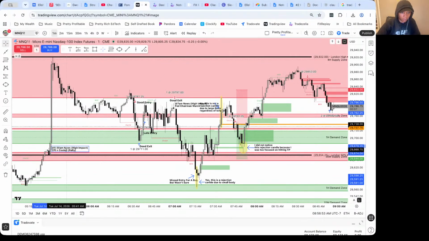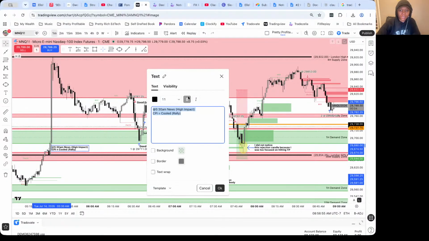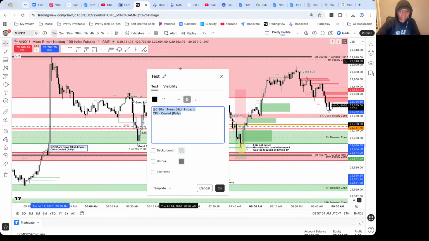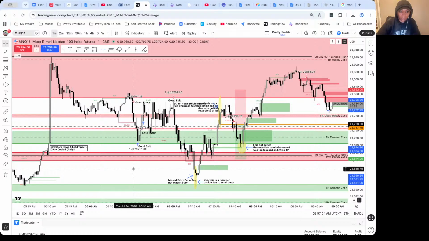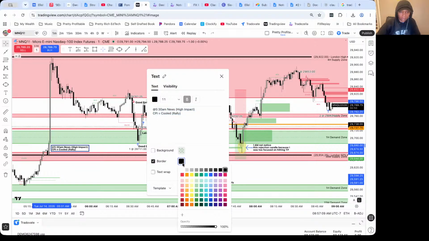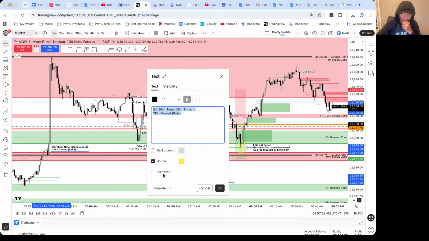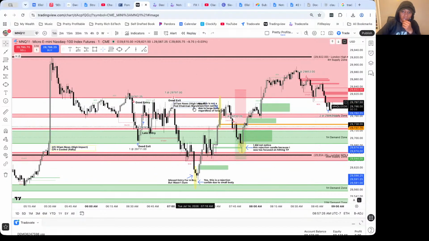Mm, 11. And can I make that be my settings? Like 11? Yes. What's text wrap? What's that? Oh, yeah. Let me get that. What color would I want to be news? Let's do yellow. I think yellow is good. Nah, I don't want the text wrap. That adds an extra layer.